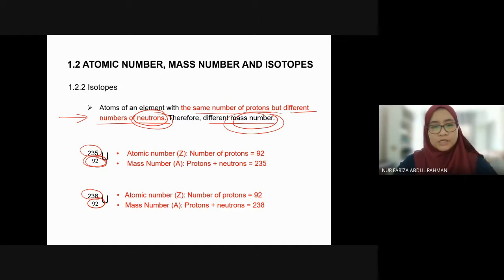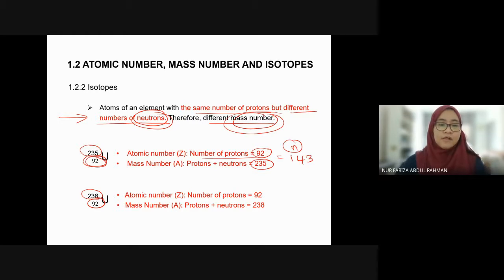So here the number of protons is 92 for the first isotope of uranium, and the mass number of this uranium is 235. So we can find the number of neutrons: 235 minus 92 is equal to 143 neutrons.